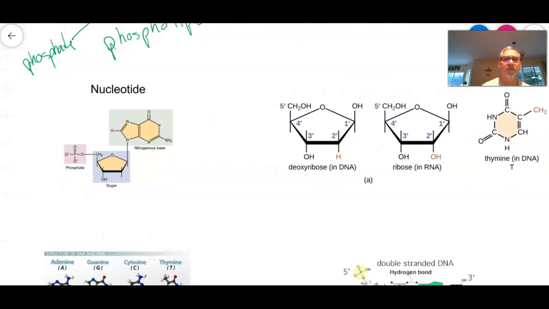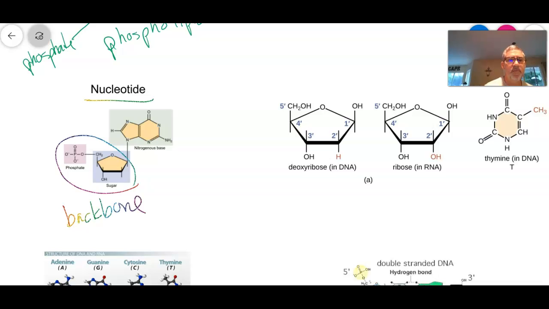So really quick, nucleotides. Our nucleotides, remember, have a phosphate and a sugar. So this right here is the backbone.